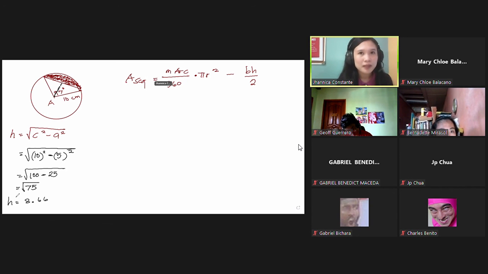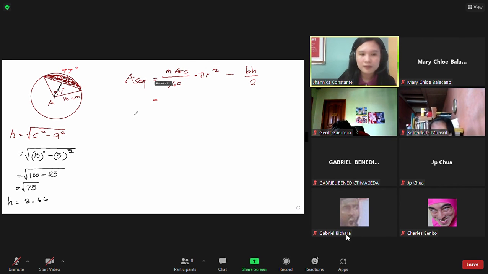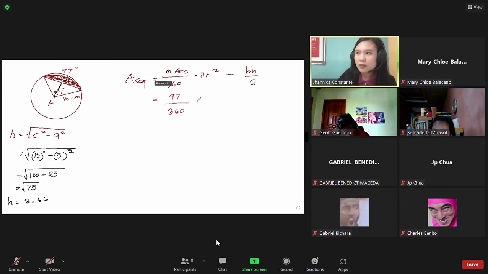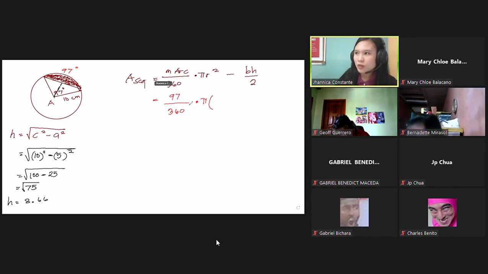So since we have already the height, we can now proceed in solving for the area of the segment. For the measurement of the arc, we have 97 degrees. So 97 divided by 360 multiplied by pi times the radius, which is 10 centimeter, squared, minus the base.